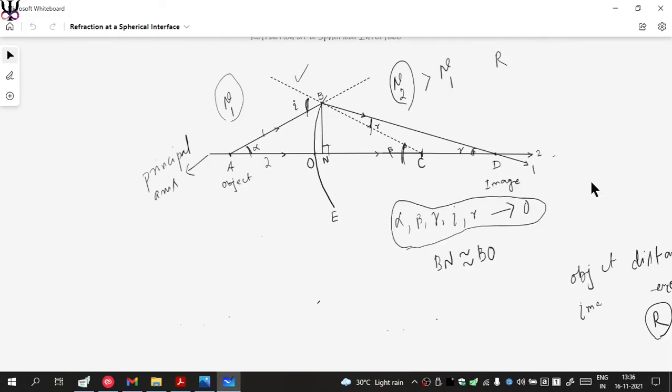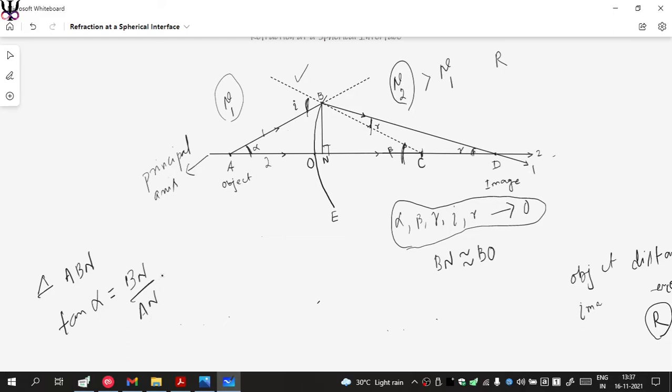Now look at the triangle ABN. In triangle ABN, for the angle alpha, tan alpha is given as BN upon AN.